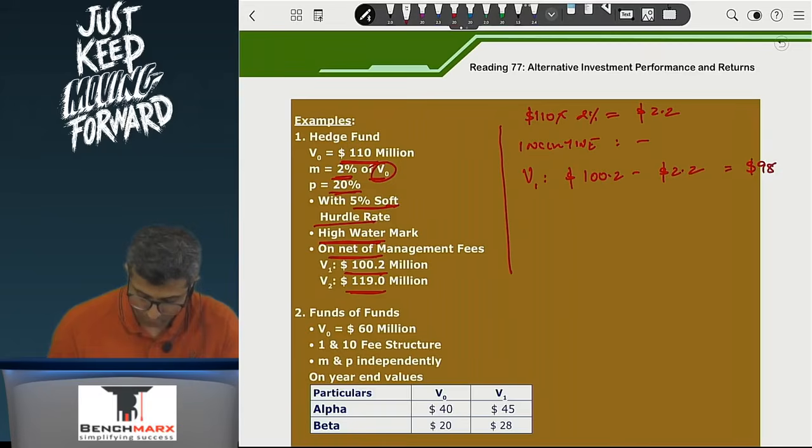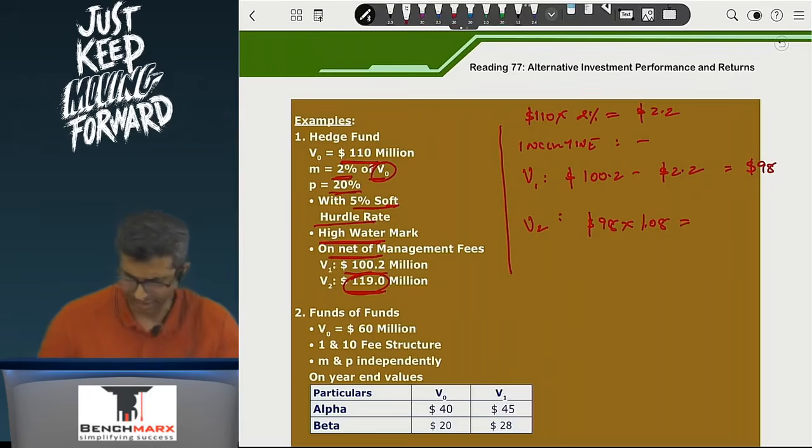Now when I go to V2, I need to see whether, yes, I'm making 119, but is it more than my soft hurdle? So I will do 98 into 1.08, which is my soft hurdle rate, and whatever I get, that is 105.84. So if my final fund return is greater than this, you are going to get the incentive fee.